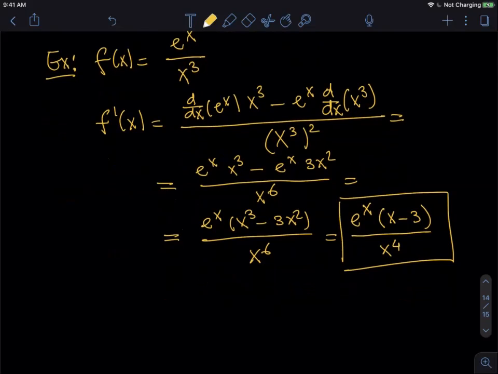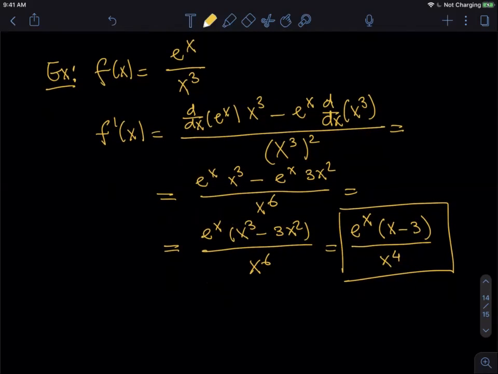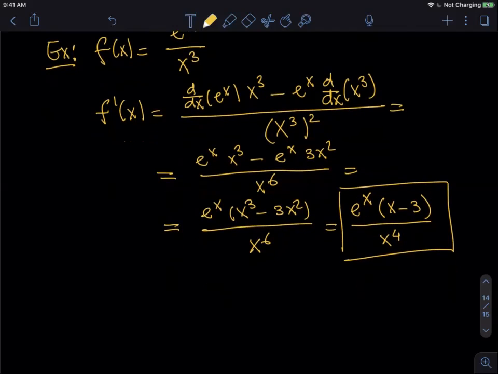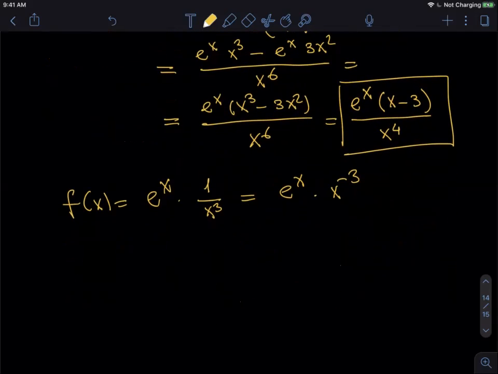We could also do this one if you don't want to remember the quotient rule, although I recommend you to memorize it. You could always derive this from the product rule. Because if we notice, this is the exponential of x times 1 over x to the power 3, or this is e to the x times x to the negative 3. So we could do the product rule instead.